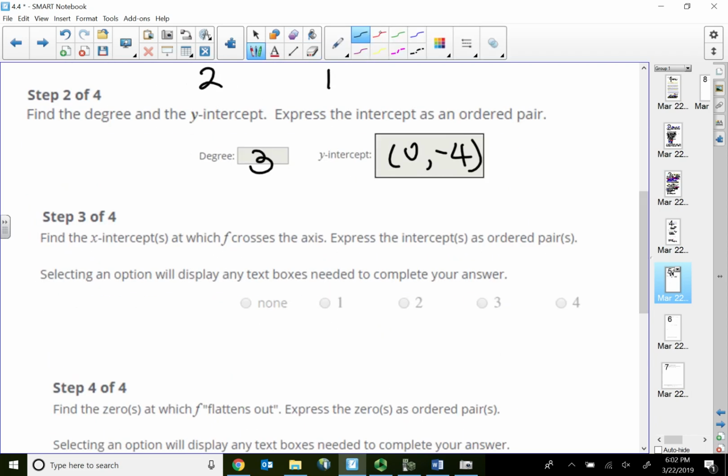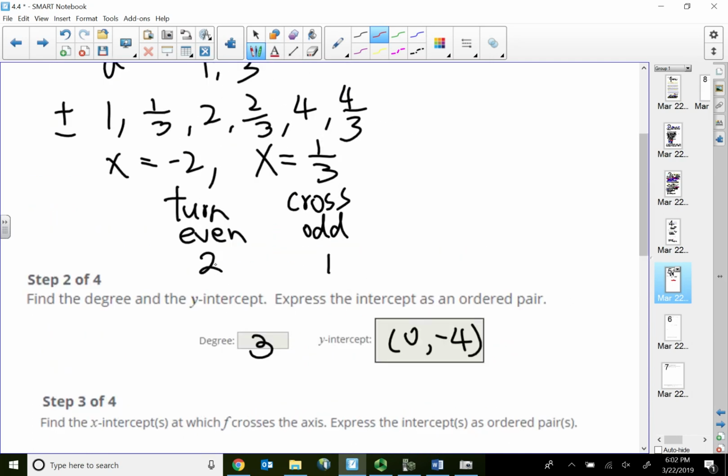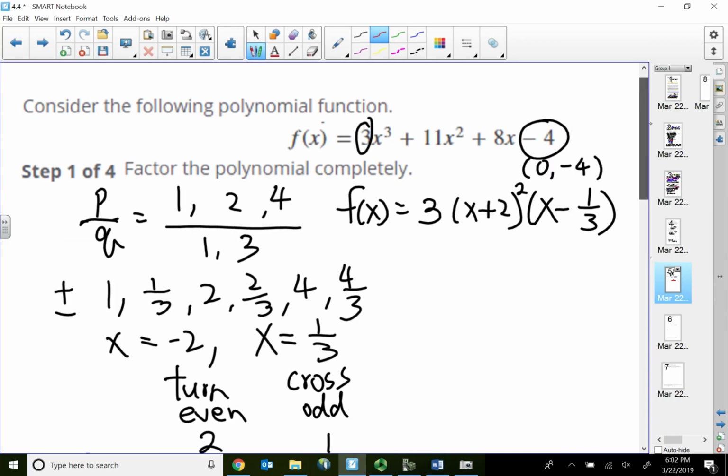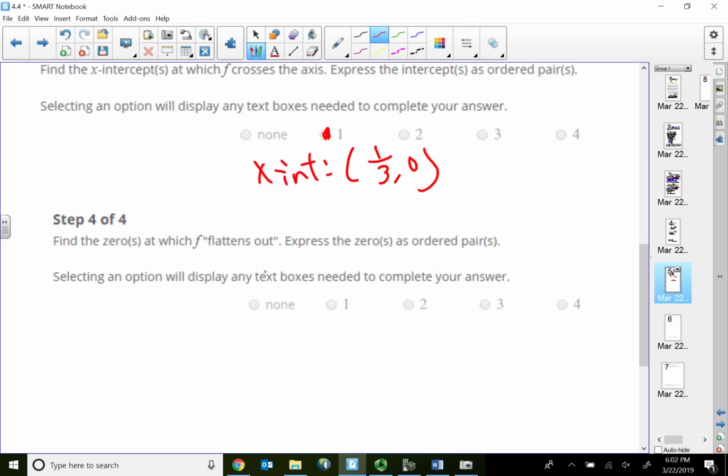That's only one cross, so the x-intercept will be 1/3, comma 0. When does it flatten? Any degree higher than 1 is considered flattened. So I flatten one time at the x-intercept of negative 2, comma 0.